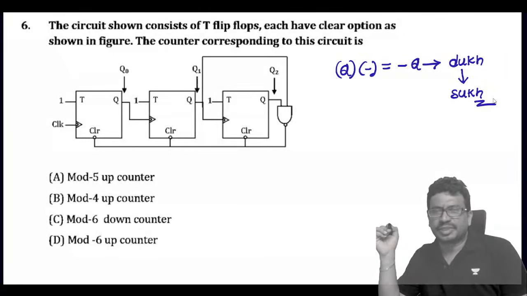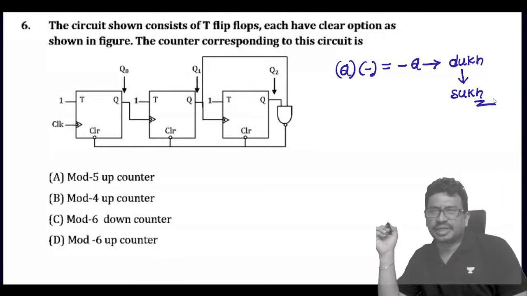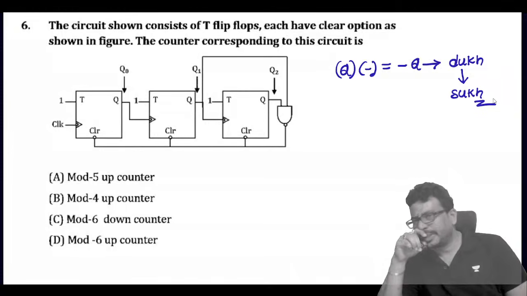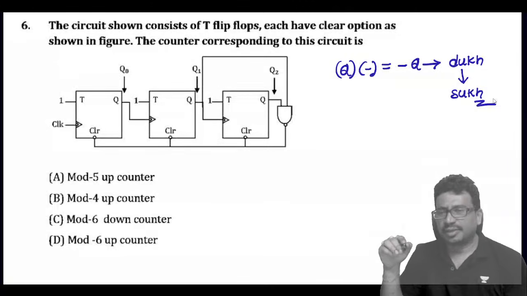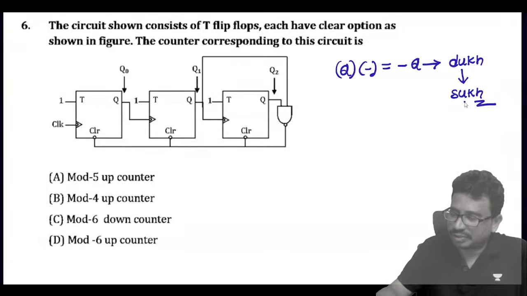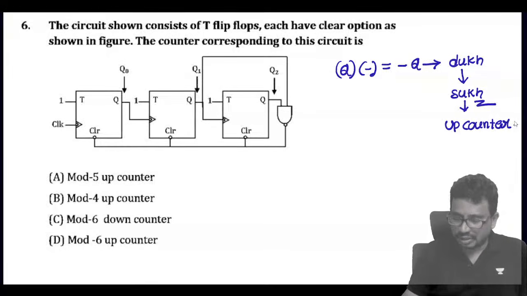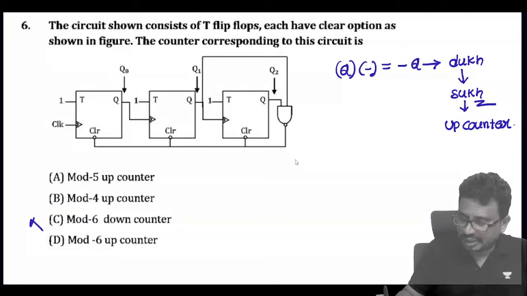Right. So that means we can say each has a clear option as shown. The counter corresponding to the circuit is. Now you can tell me from this sub counter. So this means it is an up counter. So this is up counter. Up counter means the down counter things we can eliminate now. So then the clear pin.